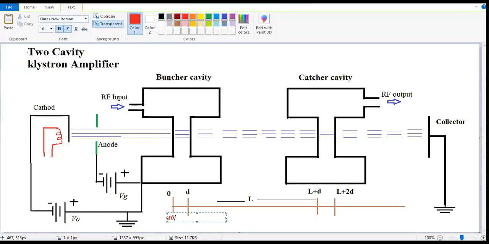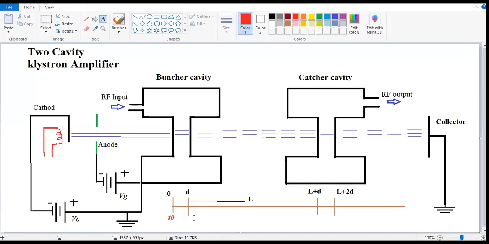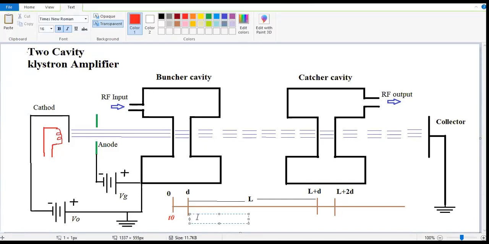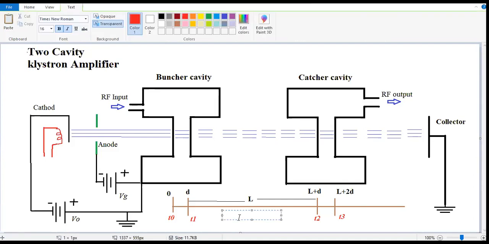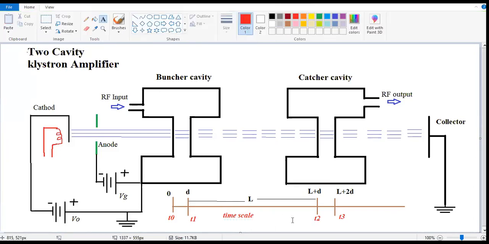So at time t0 it starts, then it will reach maybe at time t1, here time t2, and at the end it will go at time t3. So this is the time scale, the lower one is the time scale.